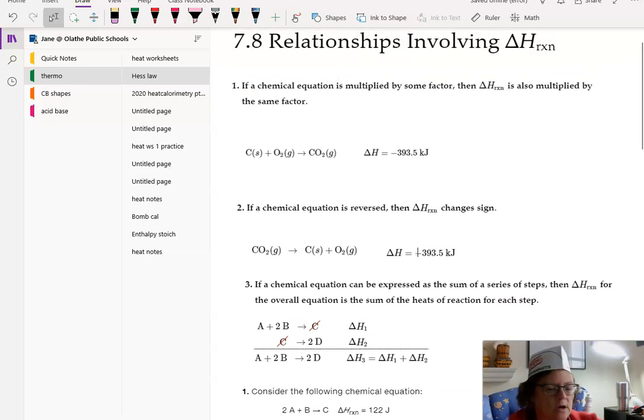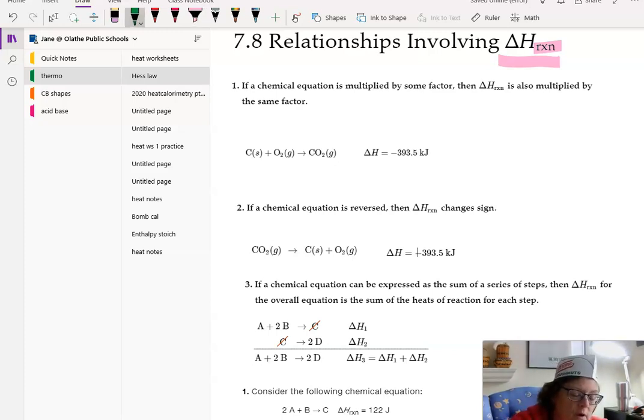All right, so the first thing you have to understand when we're talking about the enthalpy of a reaction, notice RXN, is that if a chemical reaction equation is multiplied by a factor, you're going to multiply that enthalpy as well.